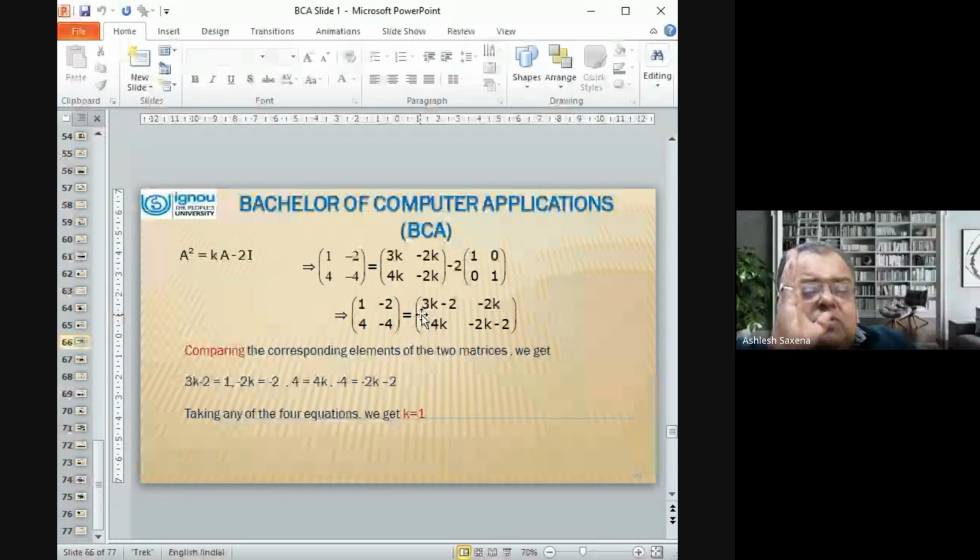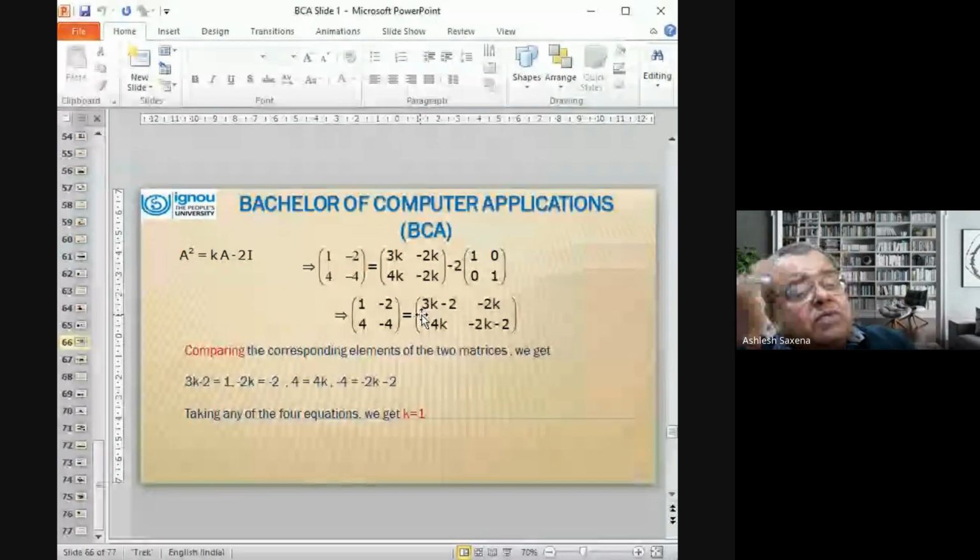If the order is same, two matrices will be equal. That means for two matrices to be equal, each element of the first matrix will be equal to each element of the other matrix.